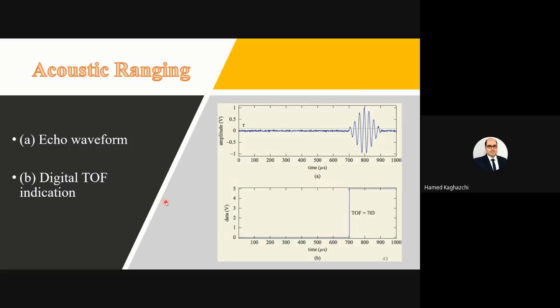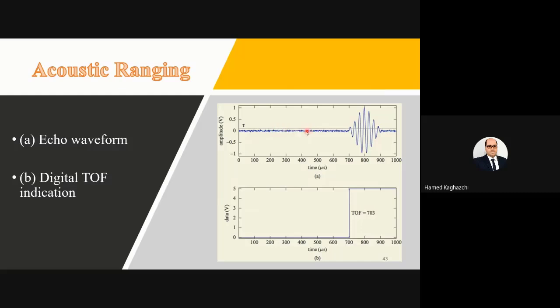A sonar emits an acoustic pulse with approximately 40 kilohertz. The sound pulse travels at the speed of sound. The speed of sound in air is 343 meters per second.